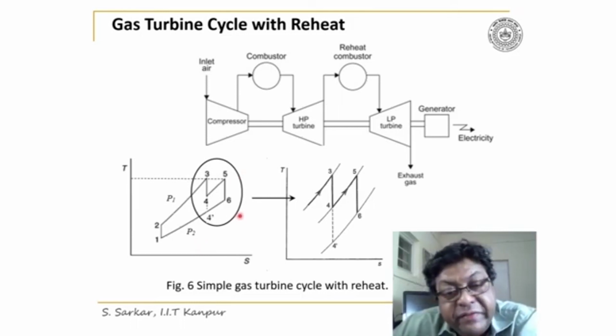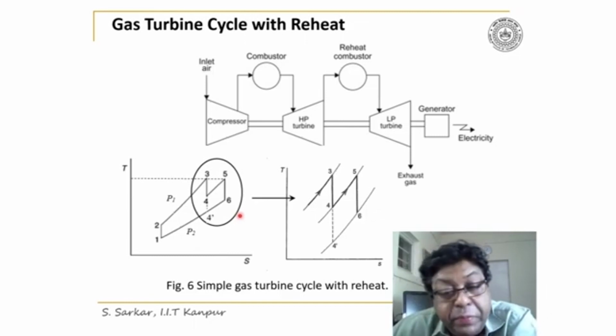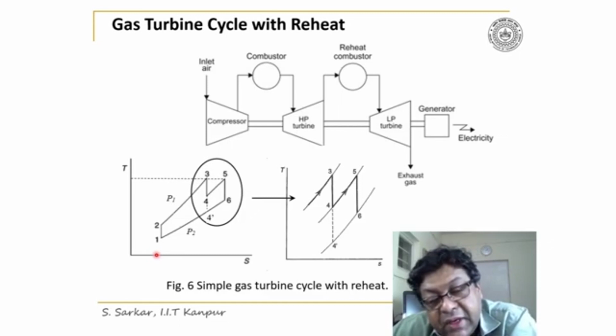And then 5, 6 is expansion in the low pressure turbine. And 6, 1 completes the cycle.